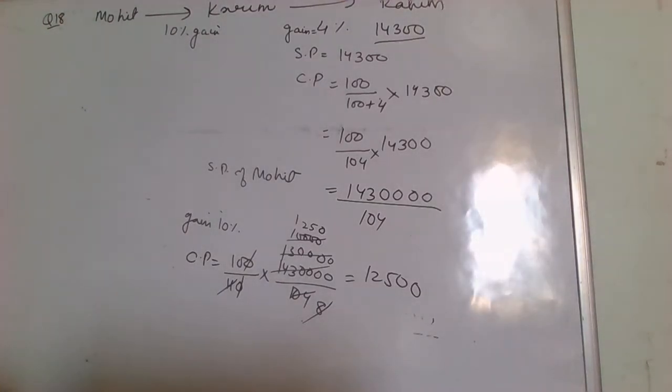So the answer is equal to 12,500. So Mohit has purchased it for 12,500. This is how we solve this question.